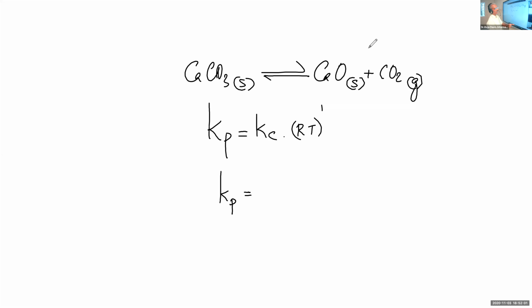You consider only the gas, so the partial pressure of CO2. Then there is no denominator, it is solid. So Kp is equal to the partial pressure of carbon dioxide. That is the relation. Kp is equal to the partial pressure of carbon dioxide in that reaction.